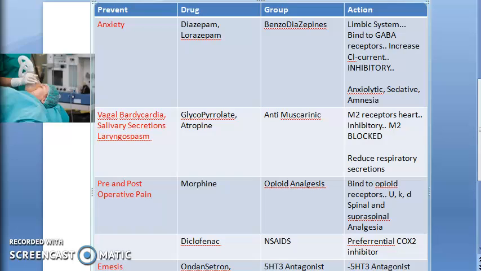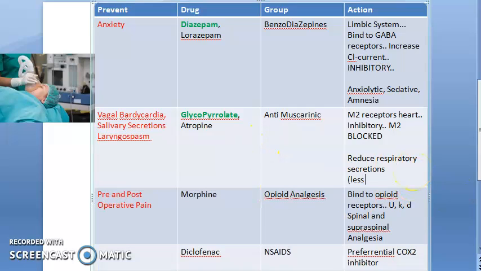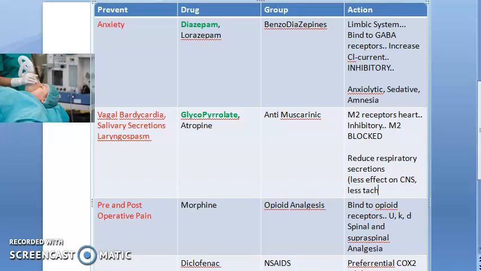It does not cause any CNS side effects and also causes less tachycardia. Okay, glycopyrrolate is the preferred one. Glycopyrrolate preferred, diazepam preferred. So these are your actual pre-anesthetic medications. Less effect on CNS, less tachycardia are the advantages.